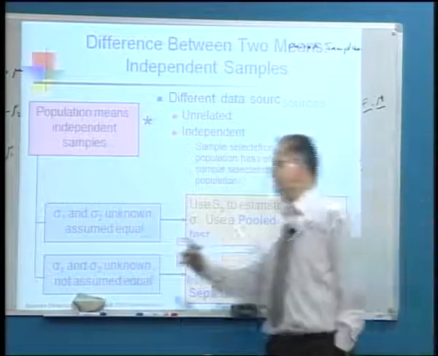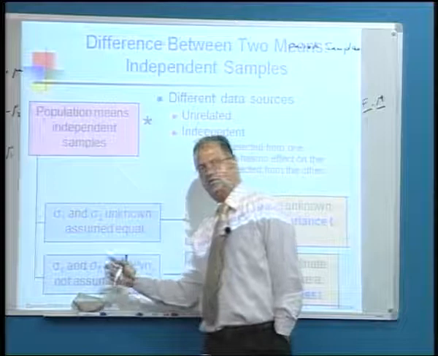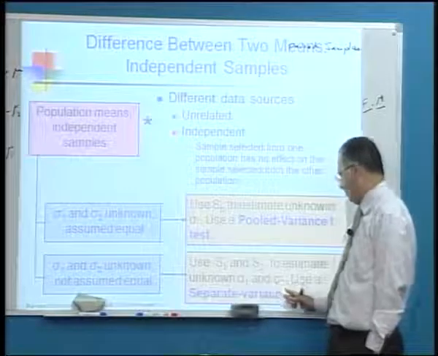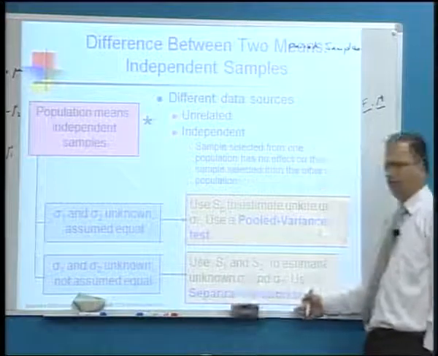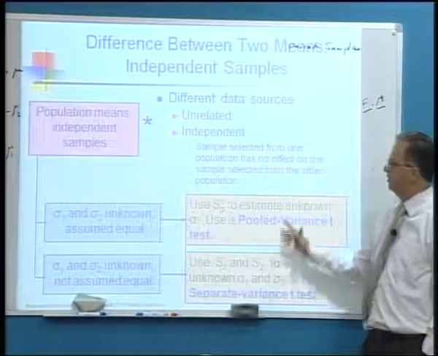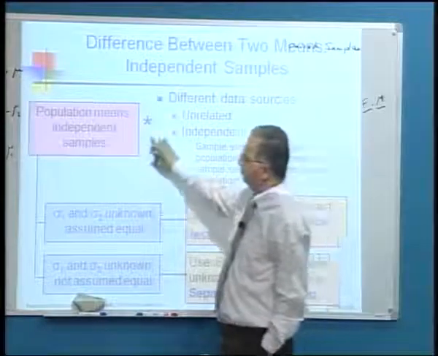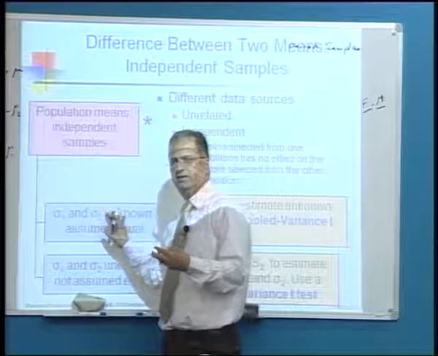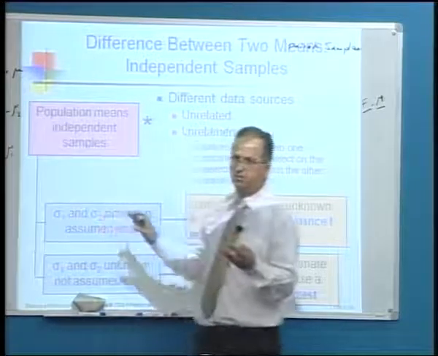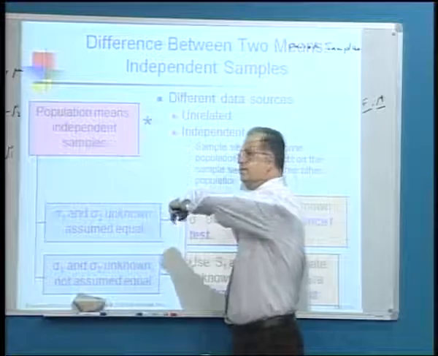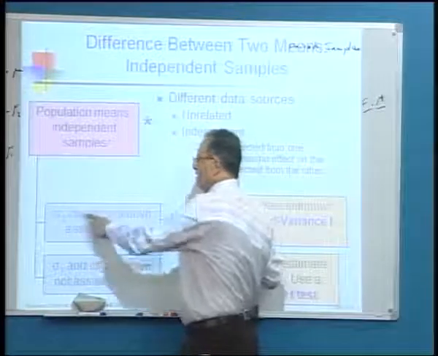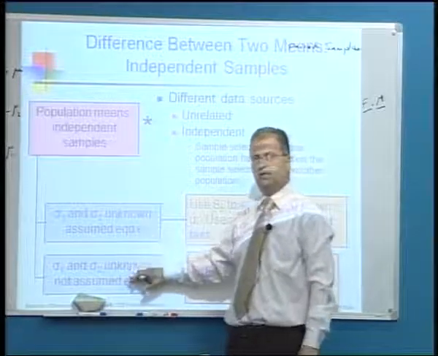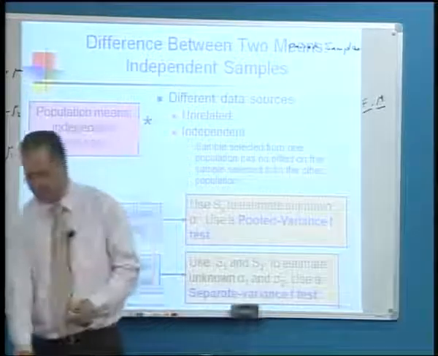The other scenario, if the two sigmas are unknown, but they are not equal, in this case we are going to use something called the separate variance test. So in this chapter we focus just on unknown sigmas, because in real life population variances are unknown, so we have to focus on this case. I mean, sigmas unknown, but maybe we assume they are equal, or we assume they are not equal.